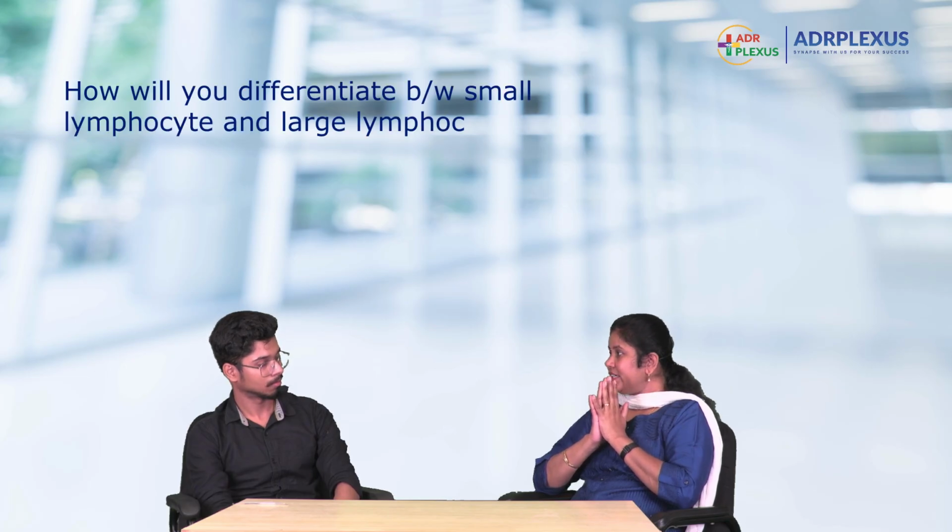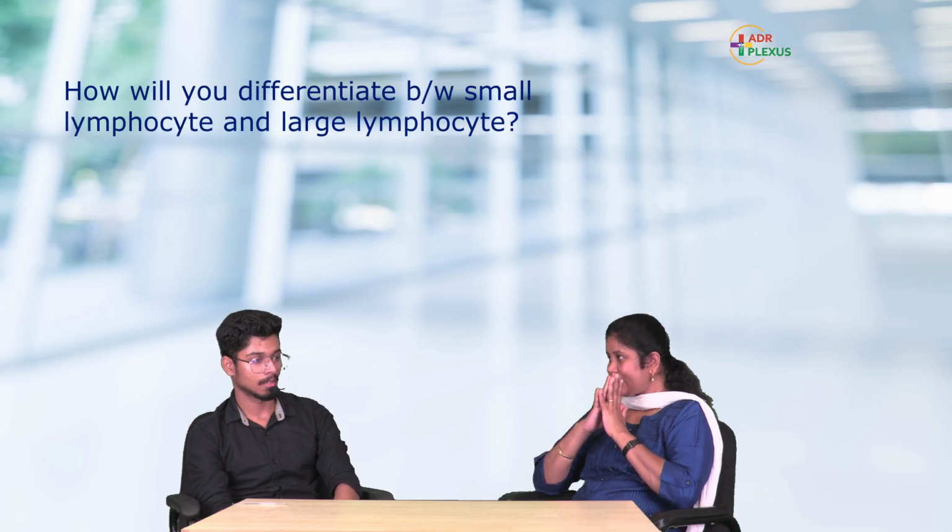Okay, fine. How will you differentiate a small lymphocyte and a large lymphocyte? There are two lymphocytes, right? Small lymphocyte is the same size as RBCs. The nucleus completely covers the cell, ma'am, and there won't be any cytoplasm or very scanty cytoplasm.